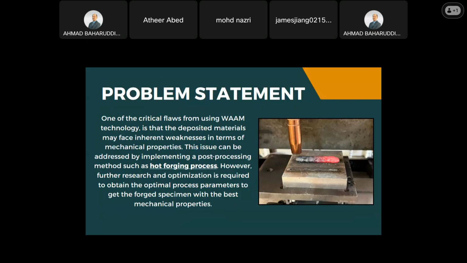This issue can be addressed by implementing a post-processing method such as the hot forging process. However, further research and optimization is required to obtain the optimal process parameters to get the forged specimen with the best mechanical properties.